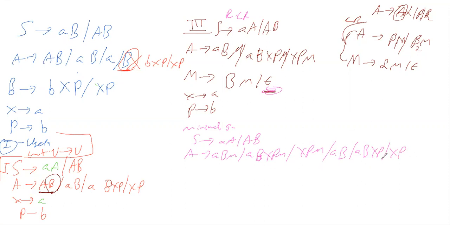Okay, you will have productions like this. Then M implies BM slash null. Assuming M is null, only B will come. Then X implies A and P implies B. Again, here you are having a unit production.